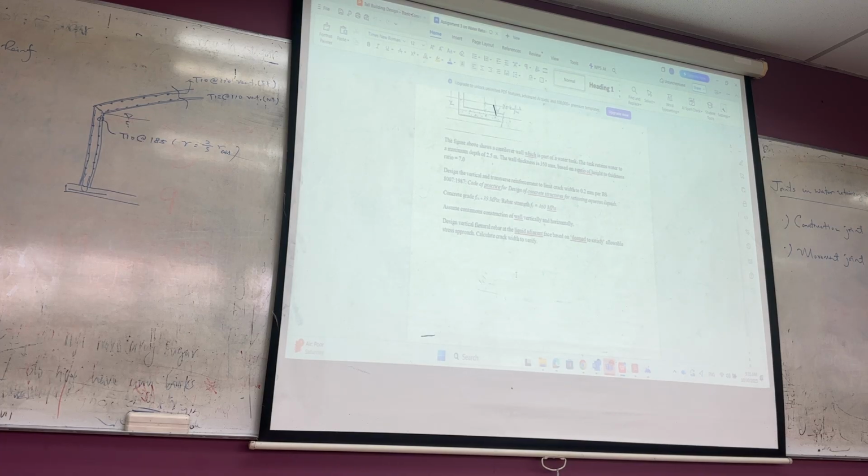OPC here is 3. If you look at the British code, the question is: how do we know the OPC content?